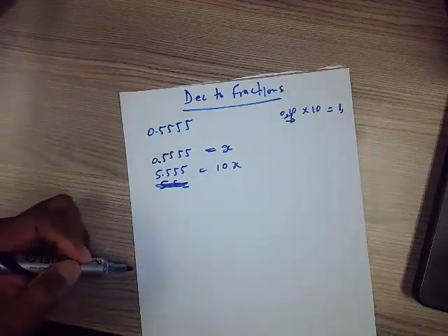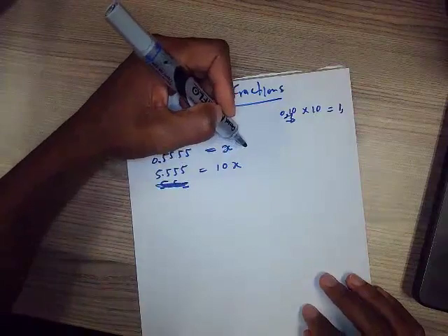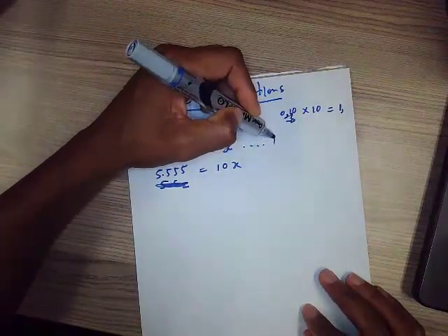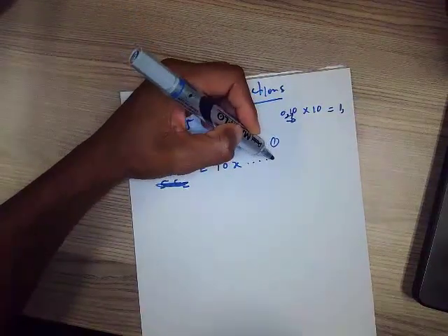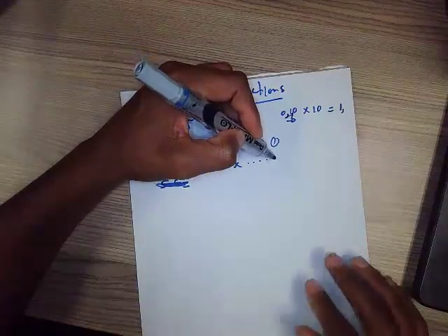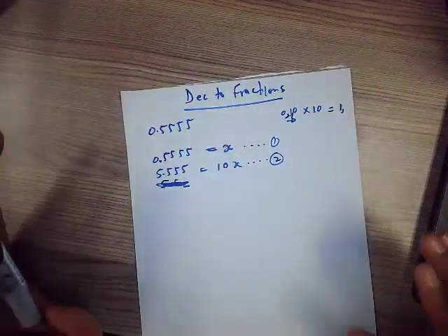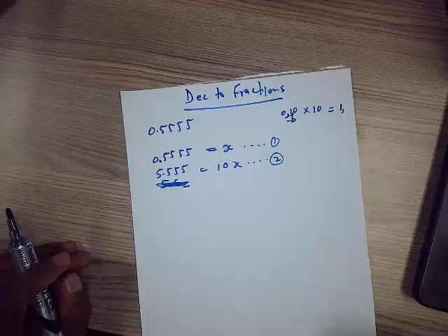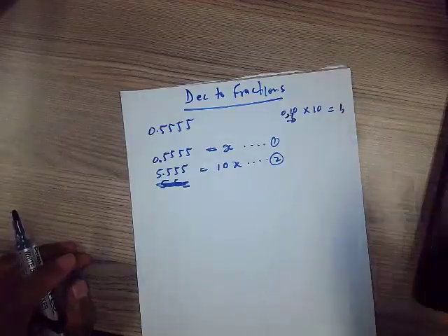So now what you do from here is label this as equation 1. You don't have to label it here, you can label it in your head because you're just interested in converting this to your fraction, but you have to demonstrate it in the exam.